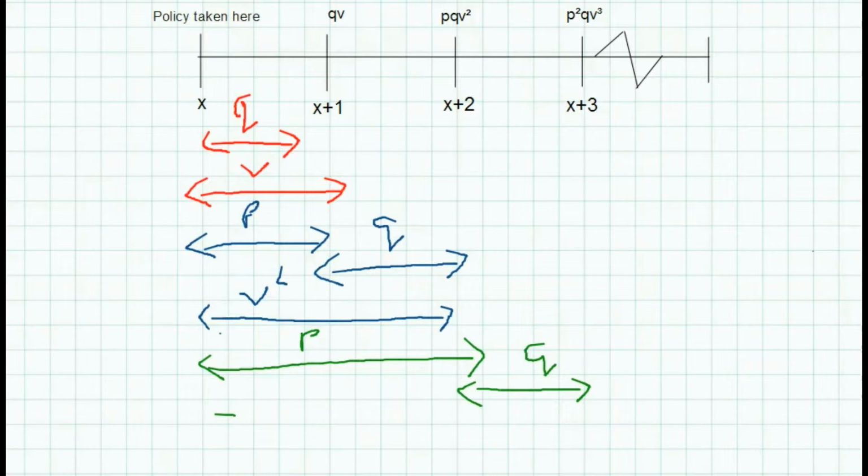V is cubed here for the reason that this is the present value of the benefit to be paid from when the policy was purchased up until year 3. This goes on ad infinitum.